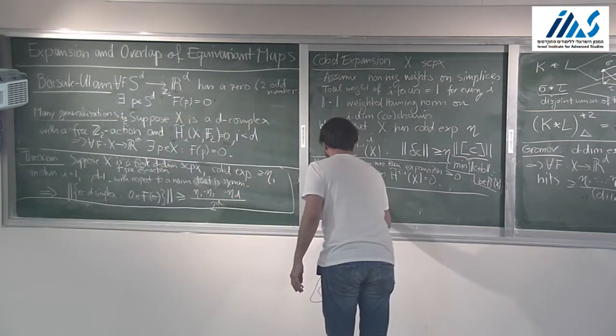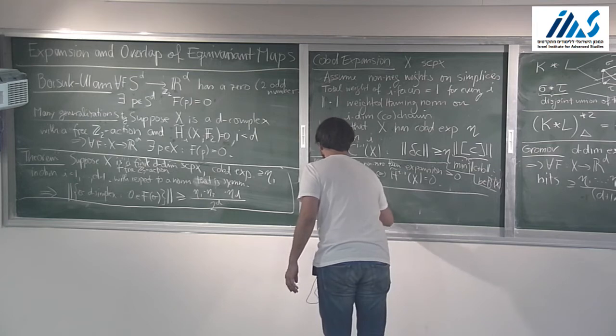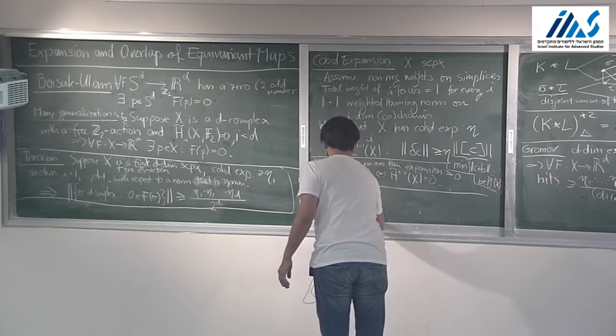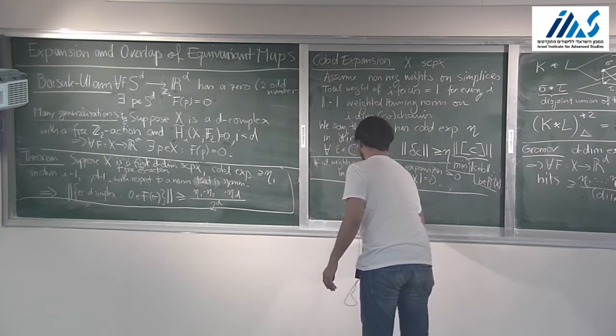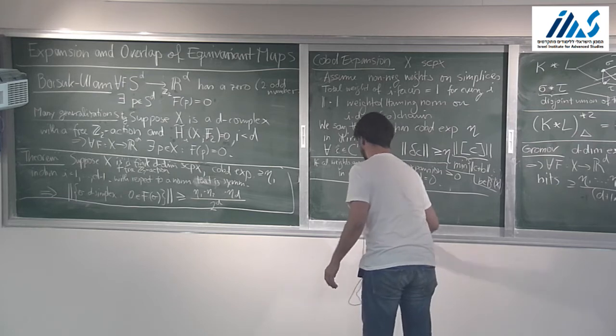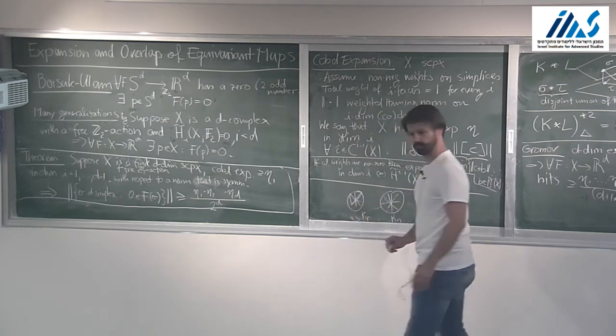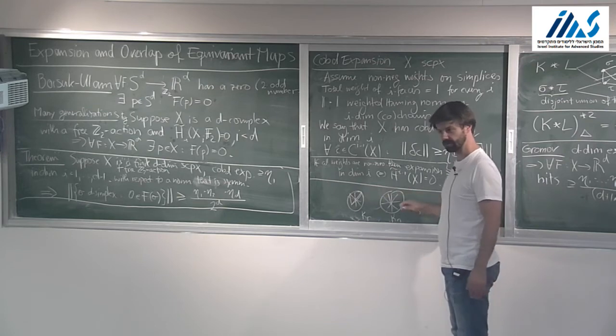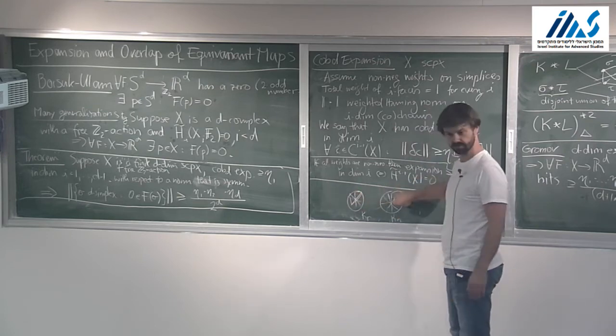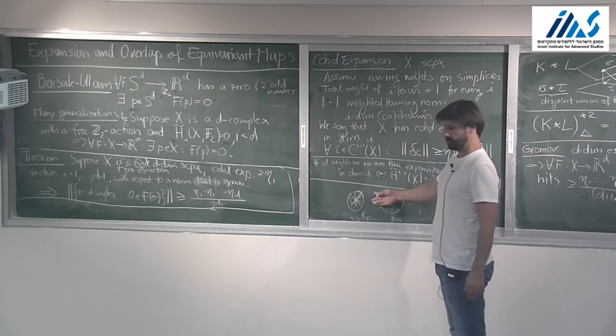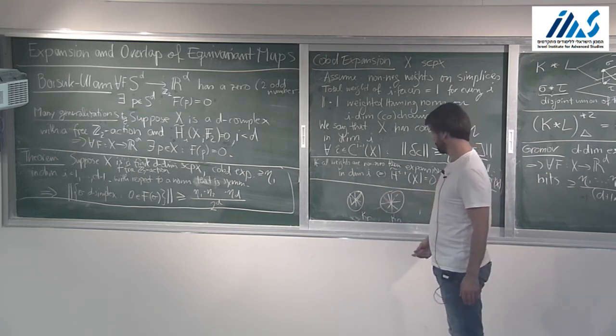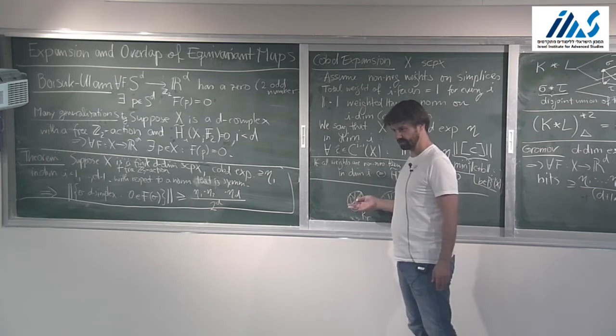Look at 2 copies of the complete graph K_n, and the action is simply that you go from this copy to this copy. You can certainly map this in a stupid way to R^1 without hitting 0.